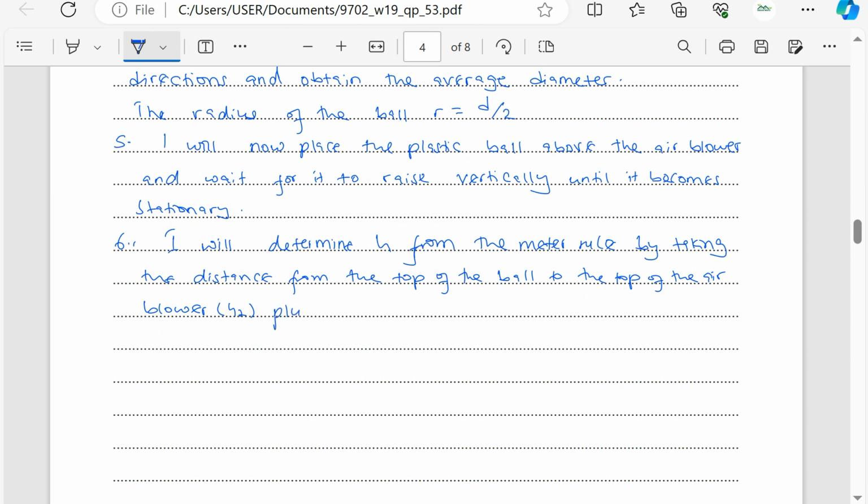plus the distance from the bottom of the ball to the top of the air blower.